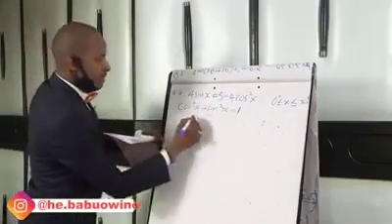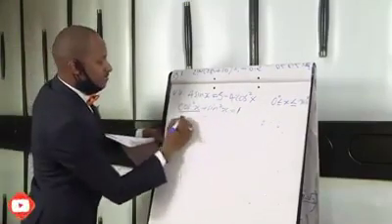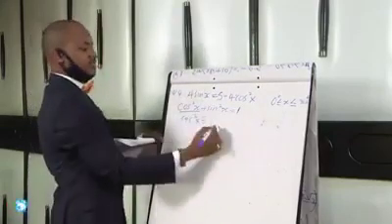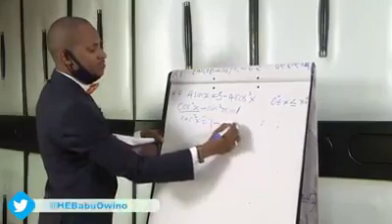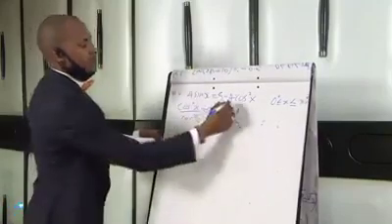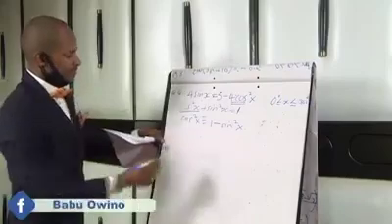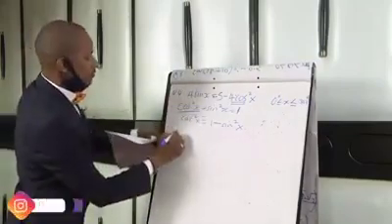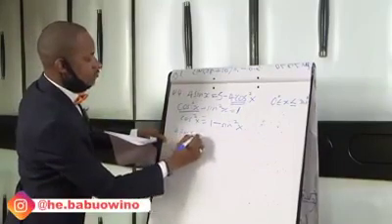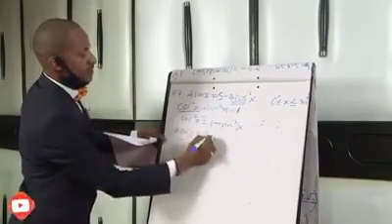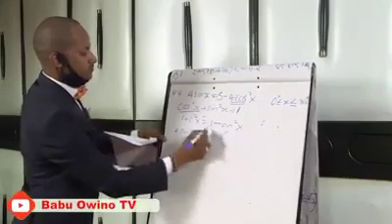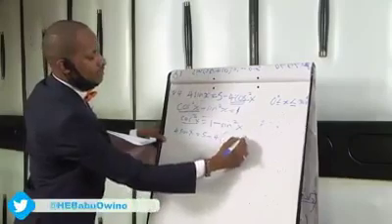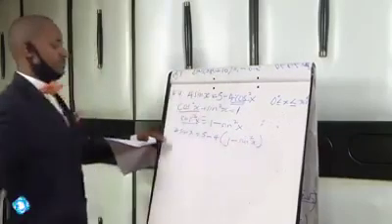Therefore, from this, you can easily say that cos squared x equals 1 minus sine squared x, when sine squared x crosses the other side it becomes minus. Therefore, from our initial equation, replace cos squared x with 1 minus sine squared x. So we have 4 sine x equals 5 minus 4 into 1 minus sine squared x.